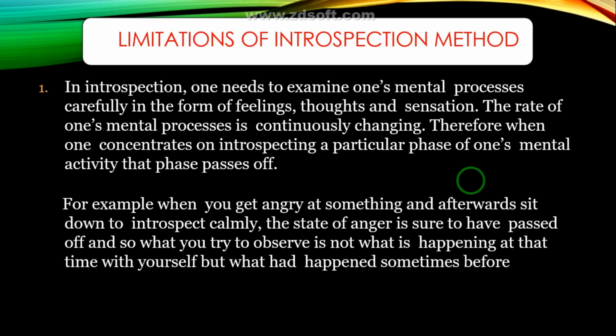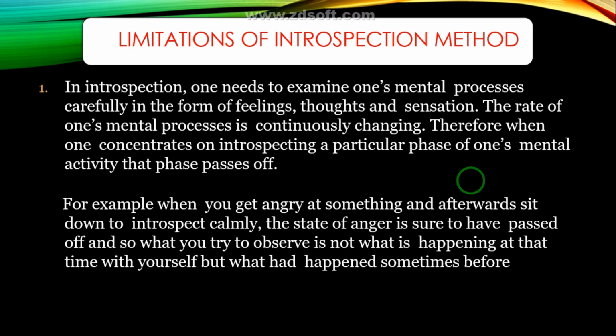Well, in introspection, one needs to examine one's mental process carefully in the form of feelings, thought, and sensation. The rate of one's mental process is continuously changing. Therefore, when one concentrates on introspecting a particular phase of one's mental activity, that phase passes off.